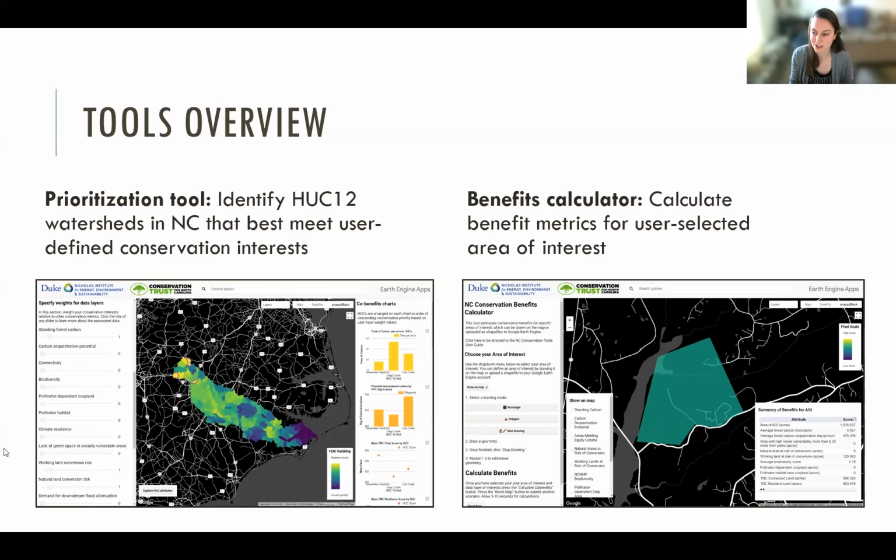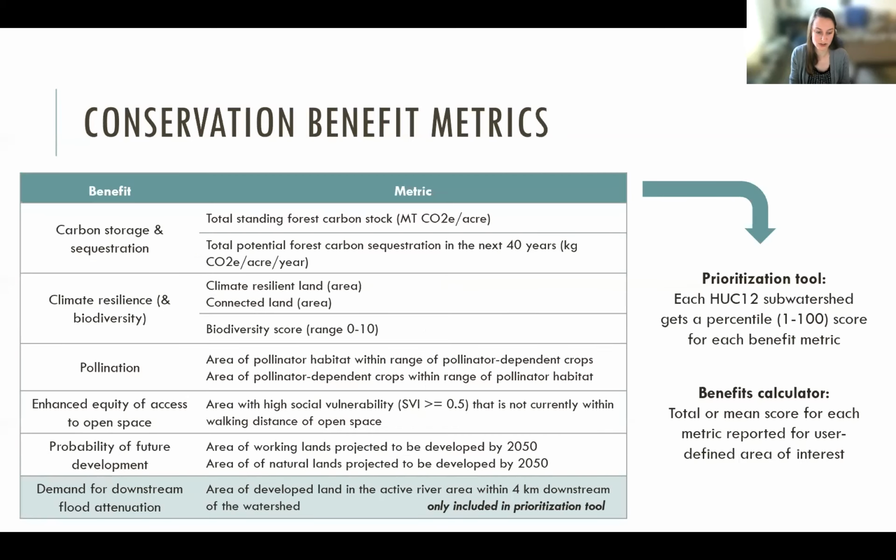So before I actually open up these tools, I just want to show you what metrics and what data are going into them. So Chris showed you that graph that has a list of different conservation benefits that we heard were of interest and not currently included in conservation planning in North Carolina.